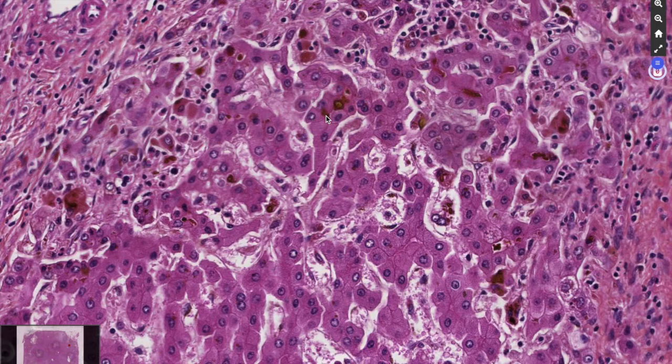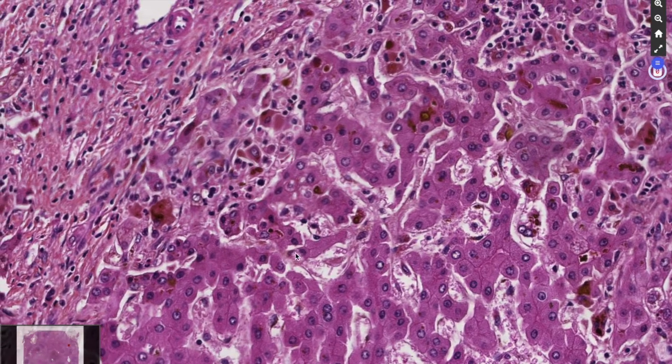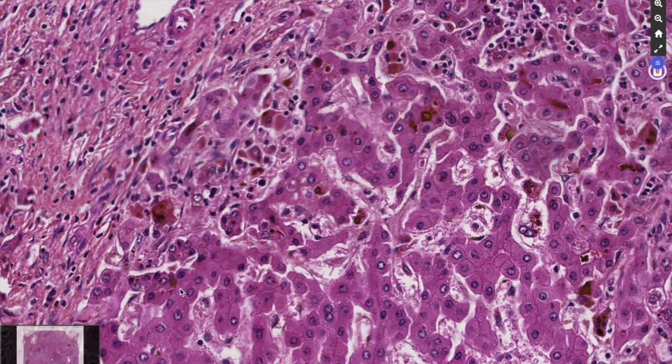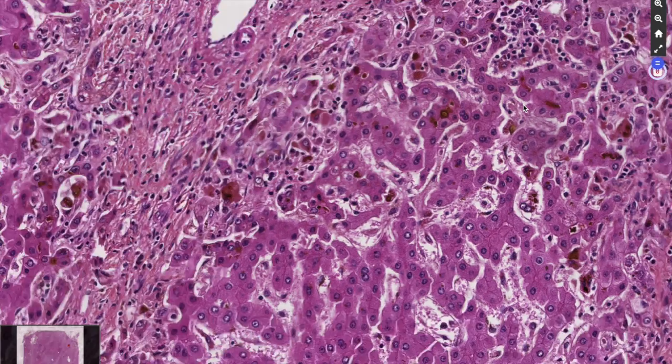Also here, here, here. Really nice pictures of canalicular cholestasis. And you have also probably some macrophages that have taken some bile.